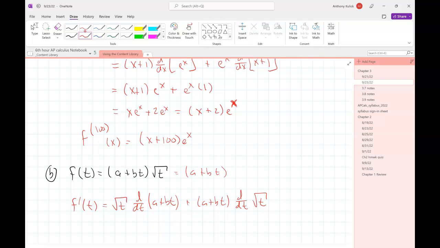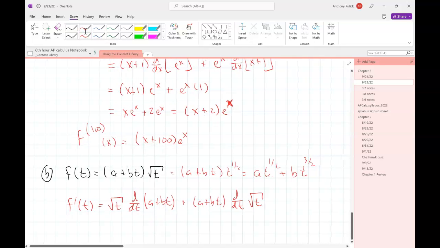Remember that the square root of t is just t to the 1/2. So if I do that and just distribute things through, I get that.